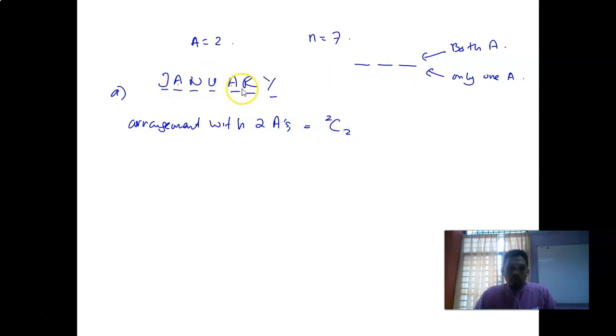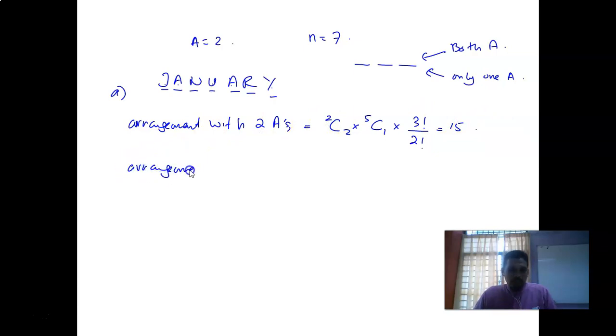From 2 A's, we choose both of them, and multiply with, if both A's are chosen, how many letters are left? 1, 2, 3, 4, 5. So 5C1, and then we arrange it, which is 3 factorial divided by 2 factorial. It is equal to 15.